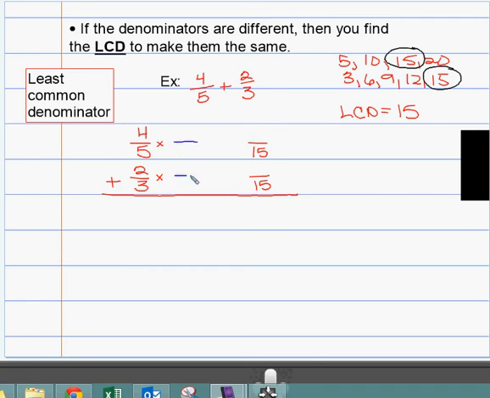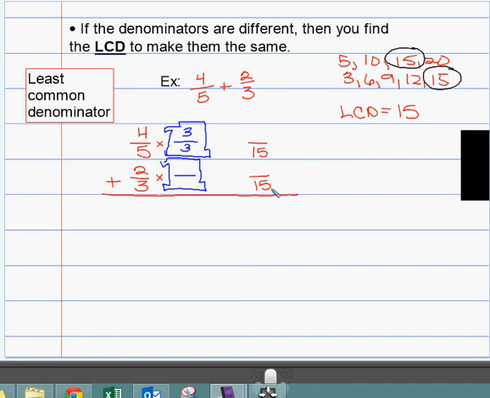I need a fancy number 1 fraction here, right? And I need one up here as well. How am I going to multiply? What do I multiply 5 by to get 15? Well, that should be a 3, and if the denominator in my 1 fraction is a 3, my numerator needs to be also.